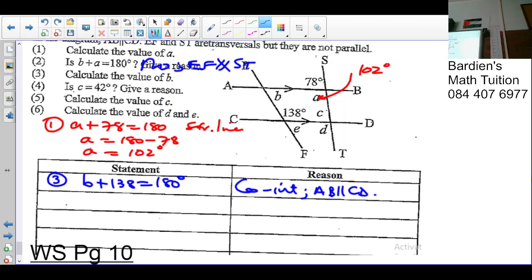Now what? b is equal to 180 minus 138, which is 42, correct? Yes? 42 degrees.